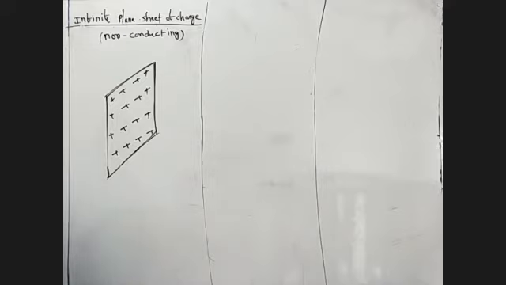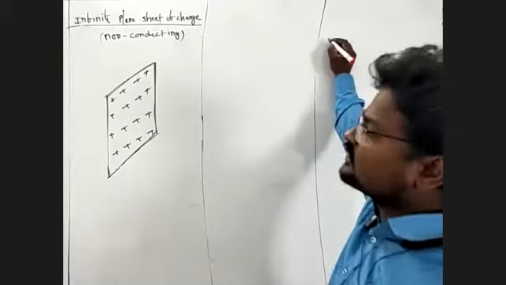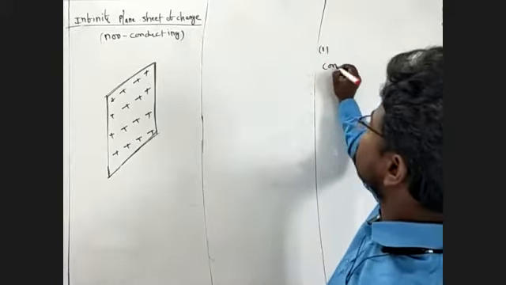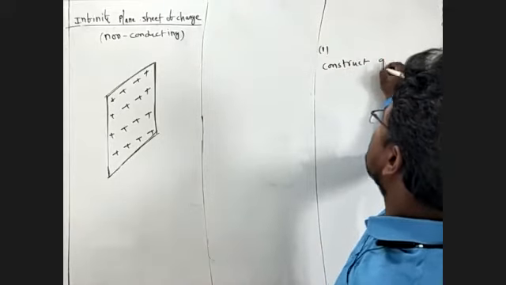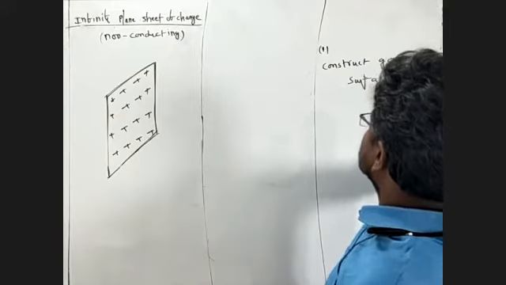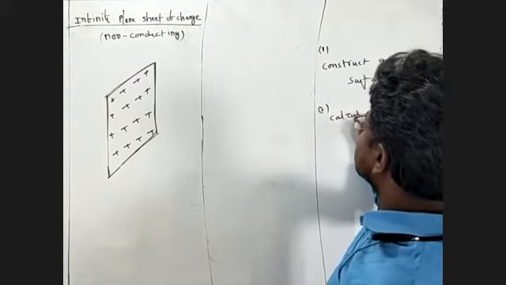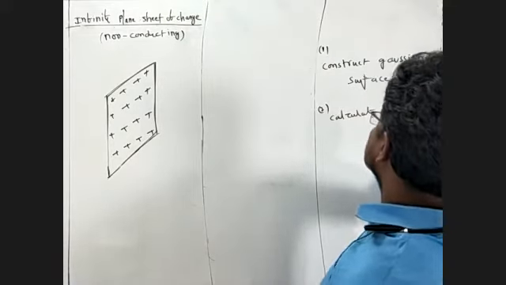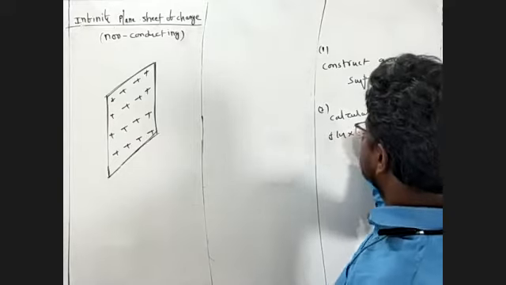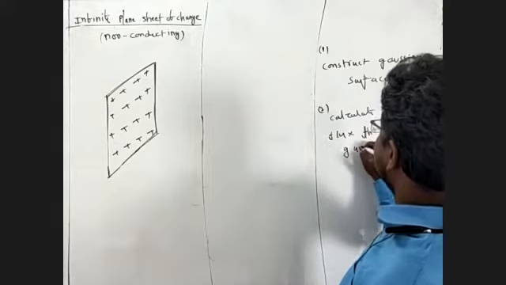The first point, I already told you very clearly. First of all, we are constructing a Gaussian surface. Second, calculate the electric flux through the Gaussian surface.